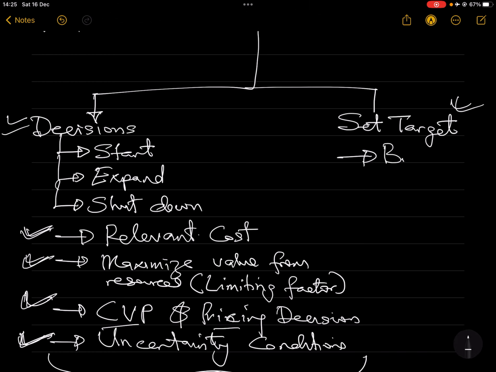But we'll learn some exceptions and some methods, types of budget and how you prepare budgets, flexible and all of that. So we're going to learn about budget and control, because that is how we're going to set our target. And budget and control is a different section entirely of the syllabus, and that is section D.